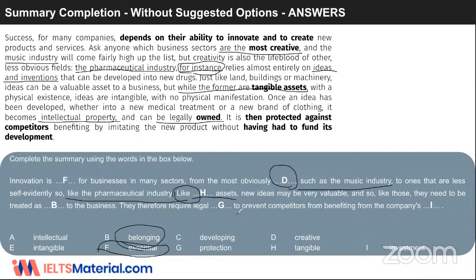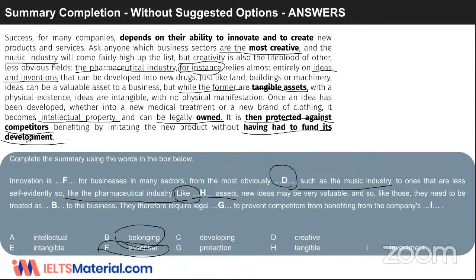Clear? And the last one is: therefore, they require legal dash. They therefore require legal protection, having had to fund its development, and that is why they need legal protection. Clear?